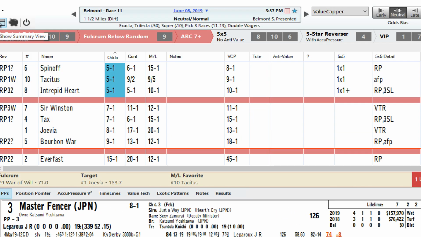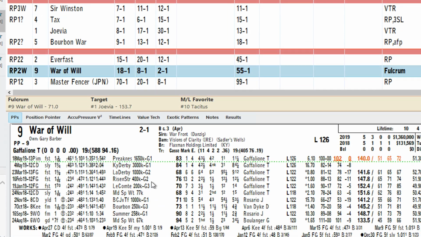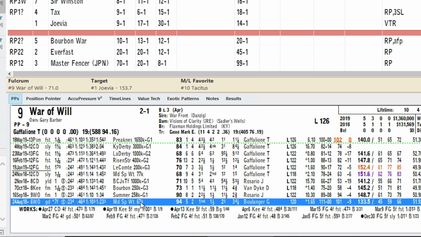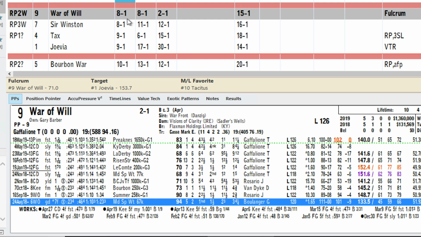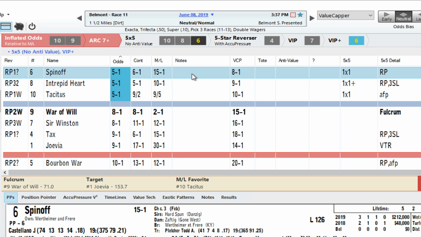Sure. Now, what to do about War of Will? Well, here's what I did. I said, okay, I'm going to go all the way, open it to all its races, and show me what it can do. Pick its two best races within that, and I still got him below Spinoff, Intrepid Heart, and Tacitus.